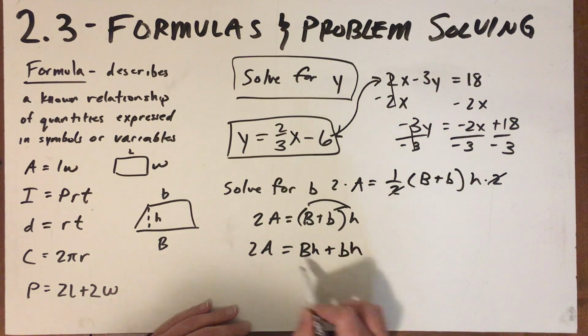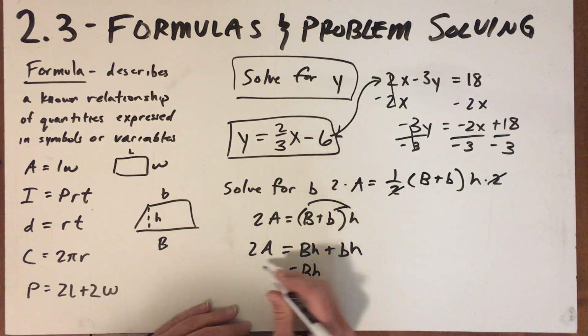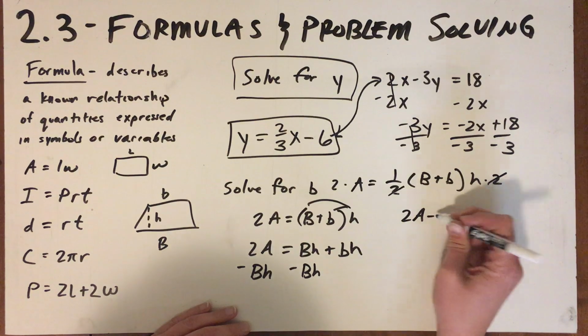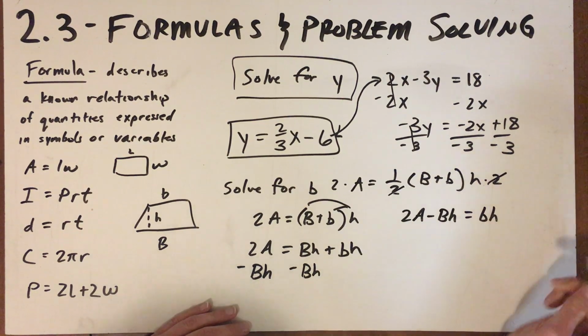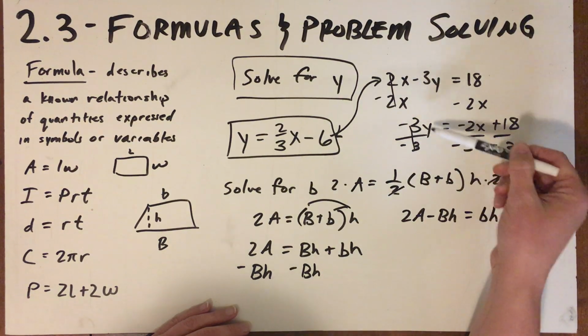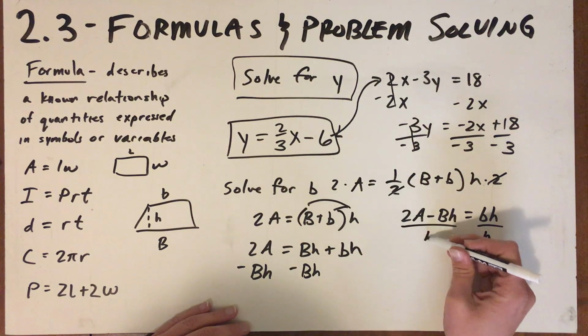Now I'm trying to get this away from little b, so I can subtract the big B h from both sides, and that will give me 2a minus big B h, and that's going to be equal to little b h. Well, h is just like a coefficient, just like here we divided by a negative 3, here I can just divide both sides of the equation by little h.